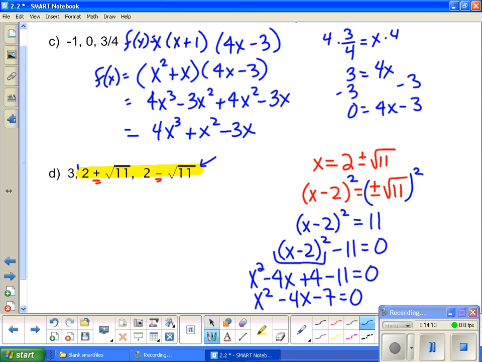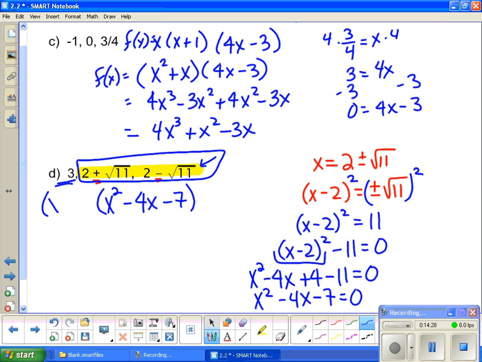That's x squared minus 4x minus 7 equals 0. So this here, when I put it back into its function form, is x squared minus 4x minus 7. But I still have this 0, so I need to deal with x minus 3. Now multiply that through. I like writing it in a little different form. So here's x cubed minus 4x squared minus 7x.